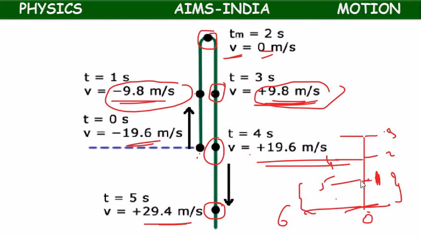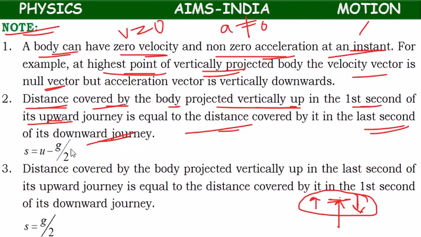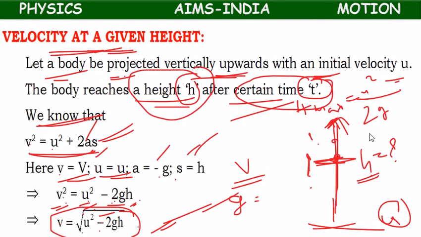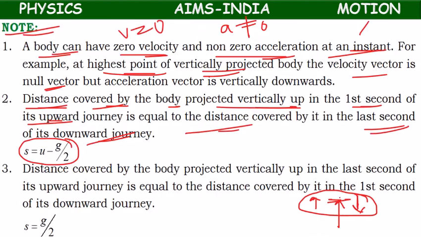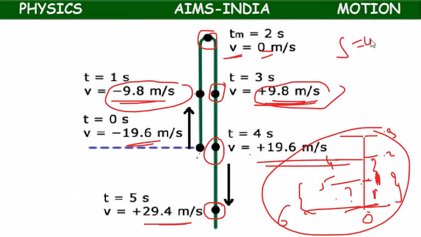The distance traveled in both time gaps is equal. In the same way, the distance traveled between 1 to 2 seconds and between 4 to 5 seconds will be the same. The formula for this is S equals u minus g by 2.